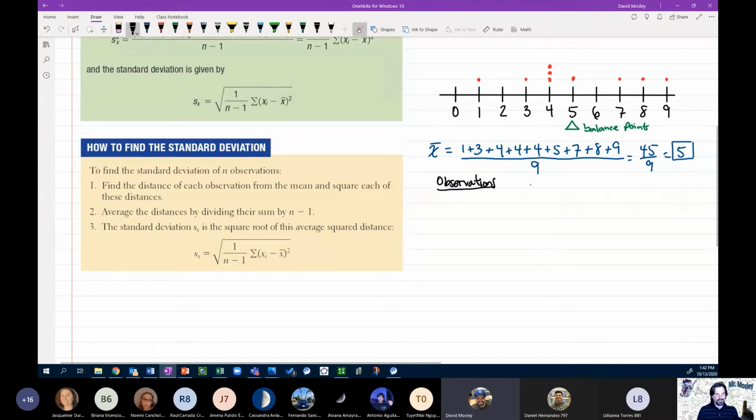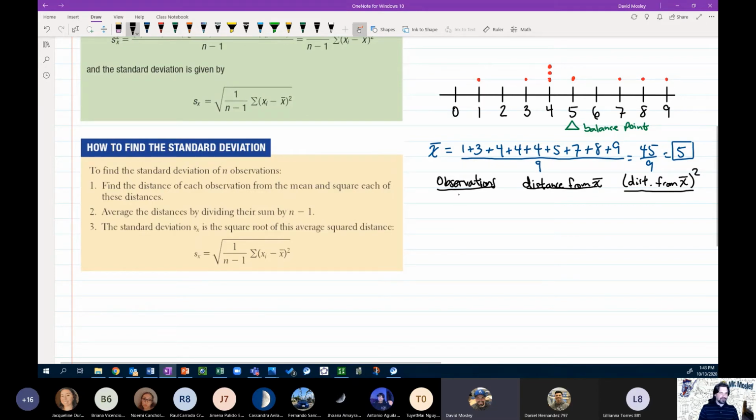Then the distance from the mean will be our second number. And last, we will have the distance from the mean squared.